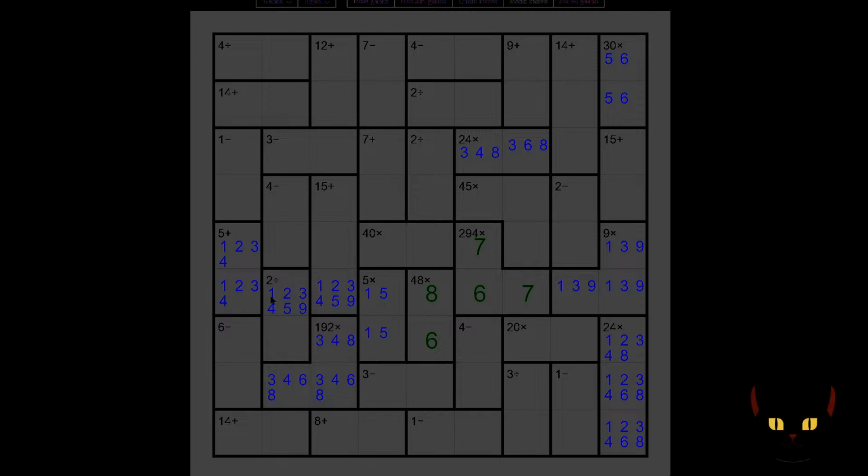Let's see. So if I have 1, 2, 3, 4, 5, 9. Over here, 1 gives me 2, 2 gives me 4, 3 gives me 6, 4 gives me 8 or 2, 5 would require a 10. 9 would require an 18 or 4.5.